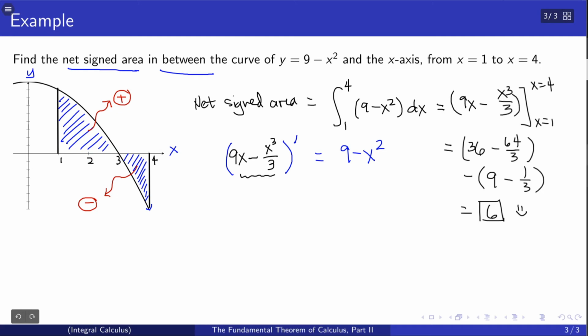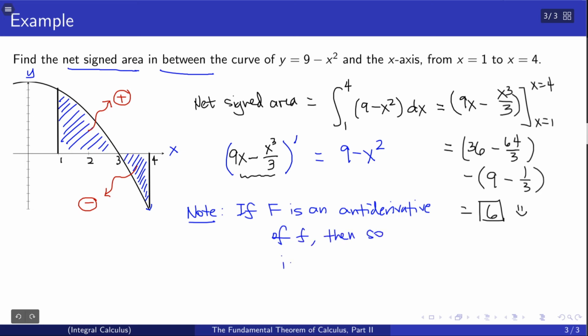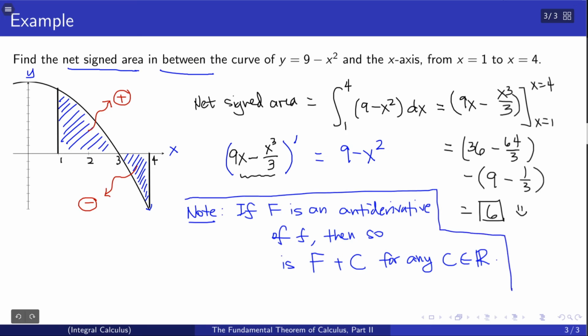Okay. Now, just to end here, I will make a note that if capital F is an antiderivative of small f, then capital F plus c is also an antiderivative for any real number c. Right?